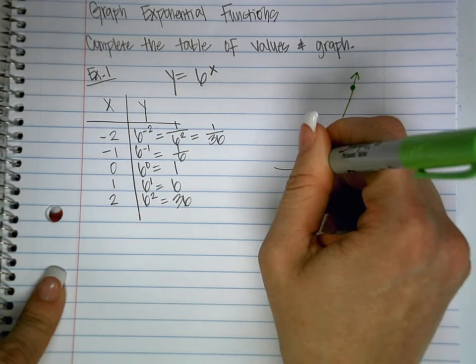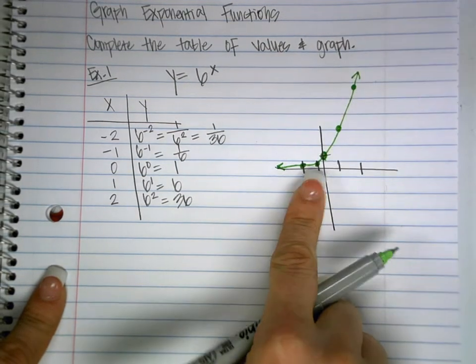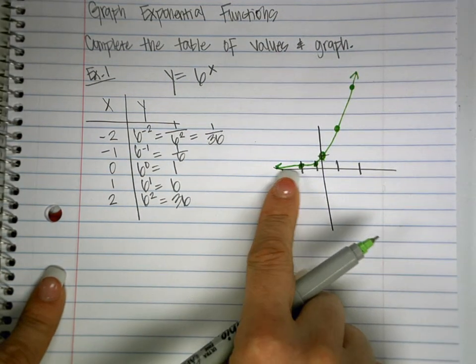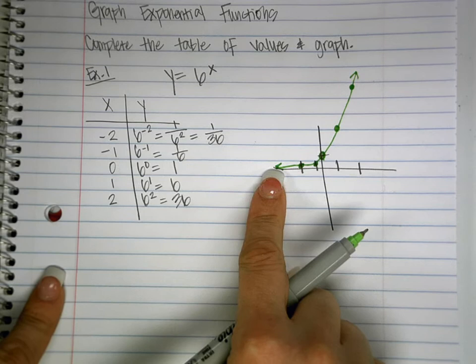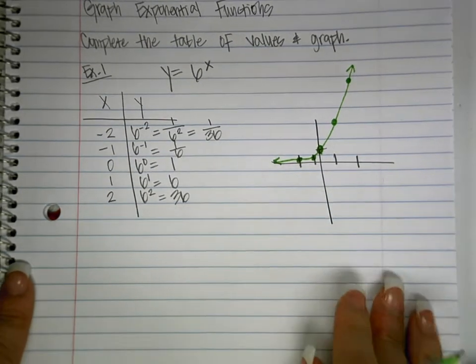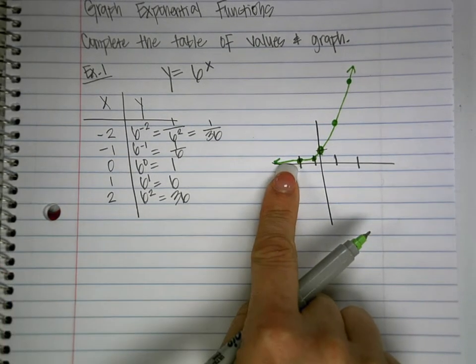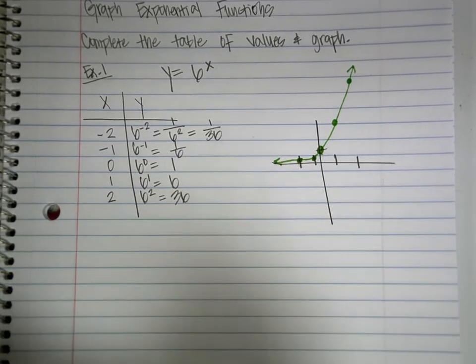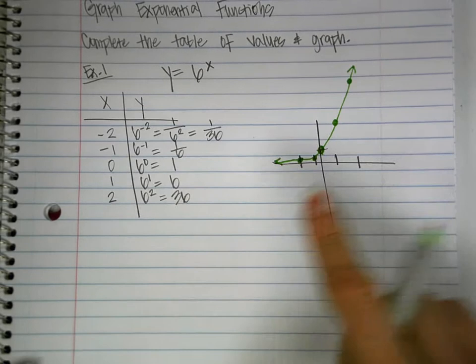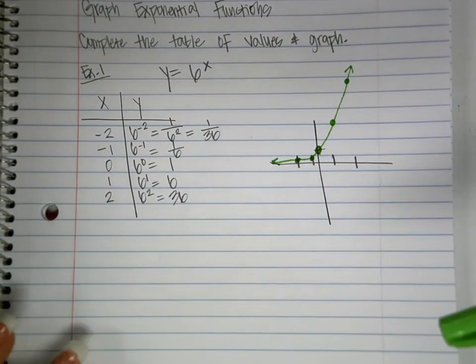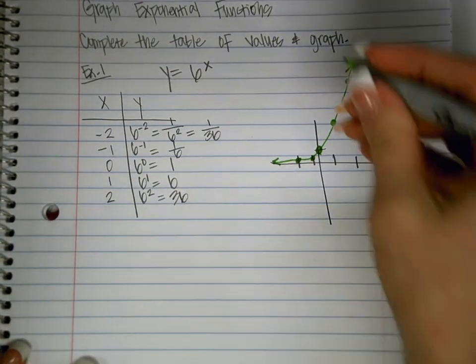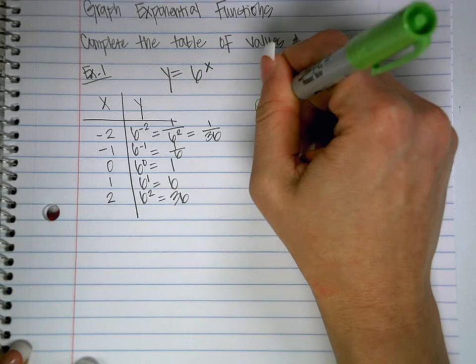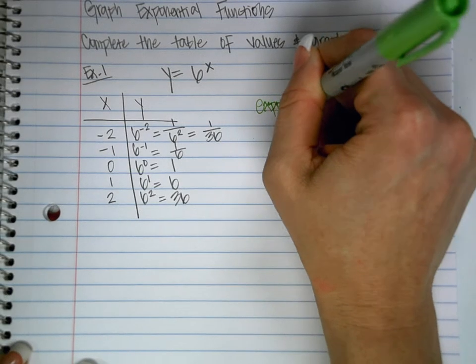Now, this one on the left side here gets really, really close to the x-axis, but it never touches. Okay, it's never going to touch 0. It's going to get smaller and smaller fractions, but it's never going to touch here. This is what's called an exponential function. And this is the kind that we call exponential growth.